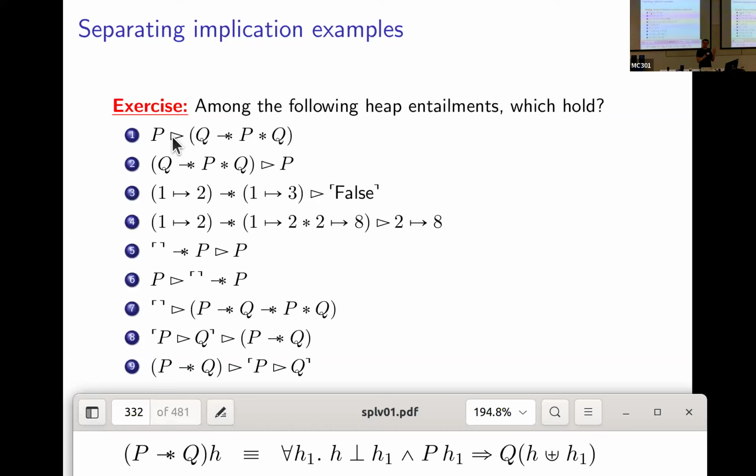So you have P implies Q if for every memory, every heaplet, P of M implies Q of M. That's very different from this, which is a heap predicate. It characterizes some heaps. It is not pure at all. This is not a proposition. This is a predicate. So you have resources in separating implications.